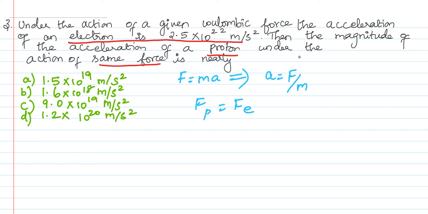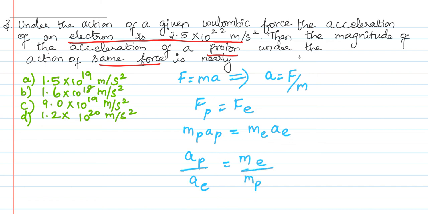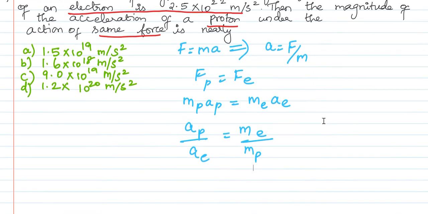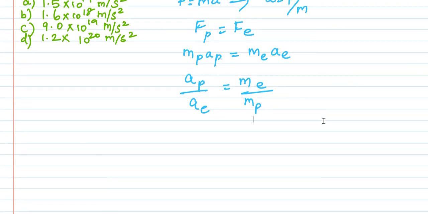So it is mp ap is equal to me ae. I can just rearrange this: ap by ae is equal to me by mp. I hope you got the point how we are going to proceed with the steps.